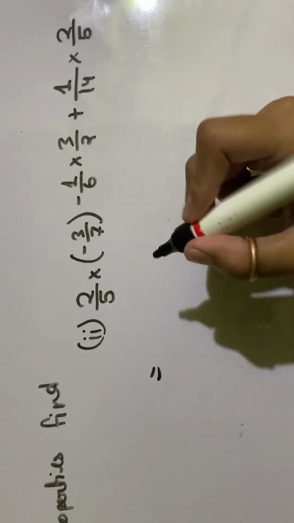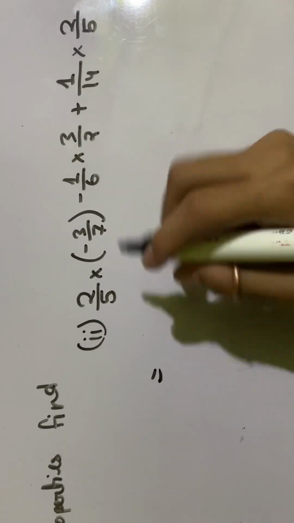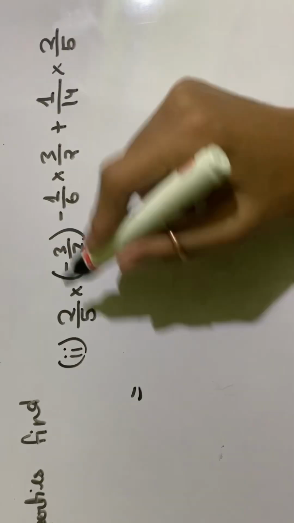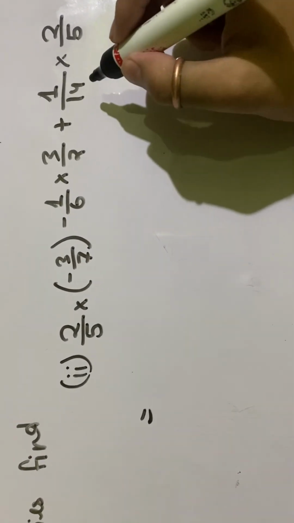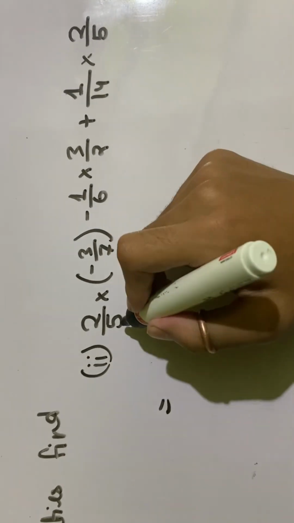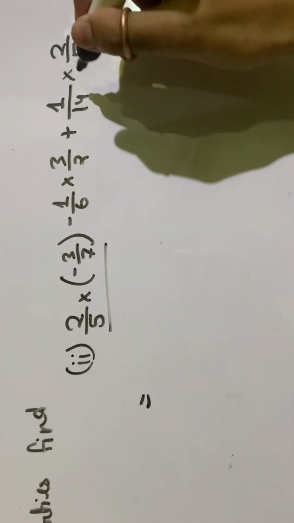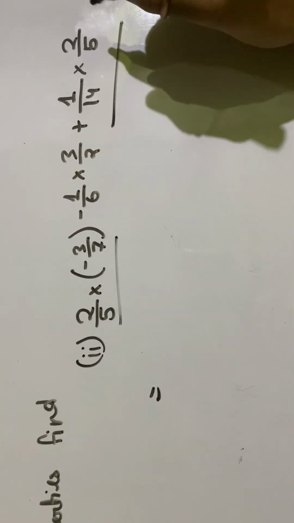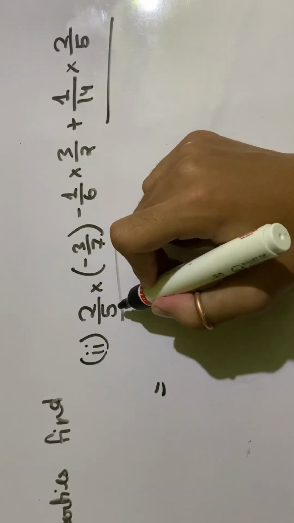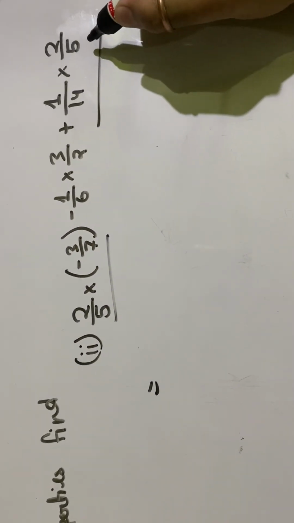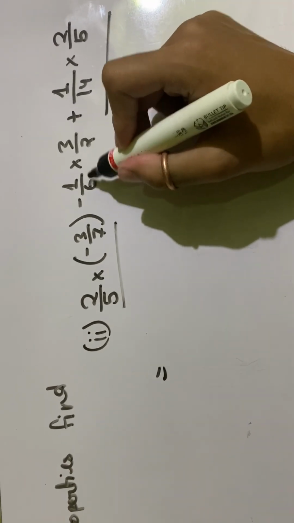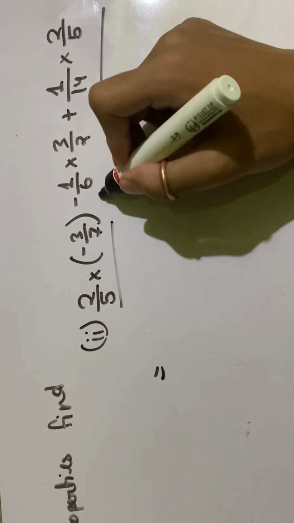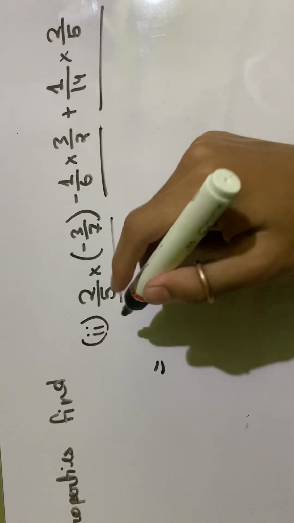So we write, see, in this question we have this term and this term. Okay, we have common as 2 by 5 and 2 by 5 in these both terms.